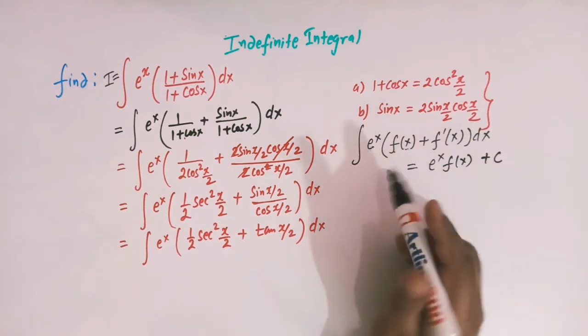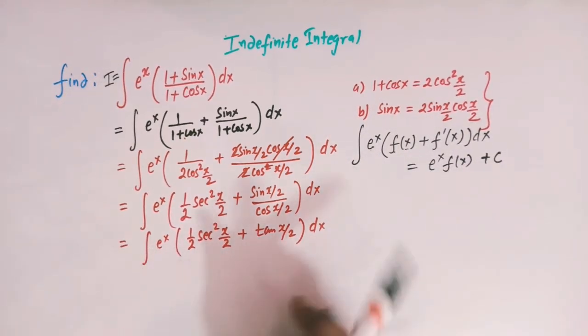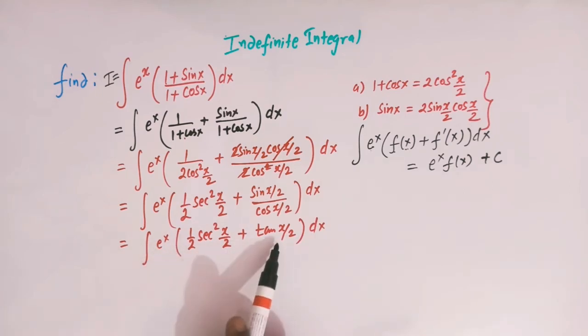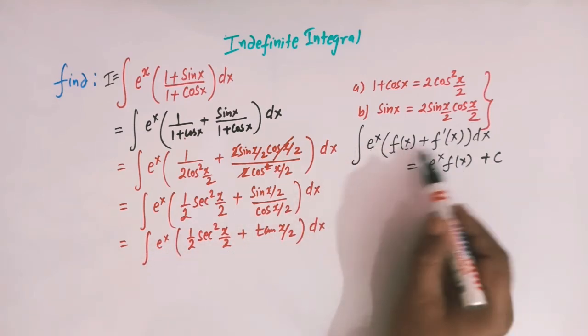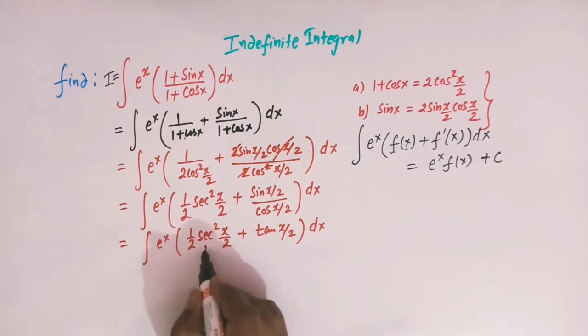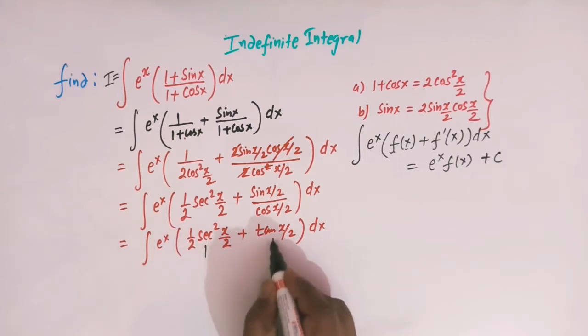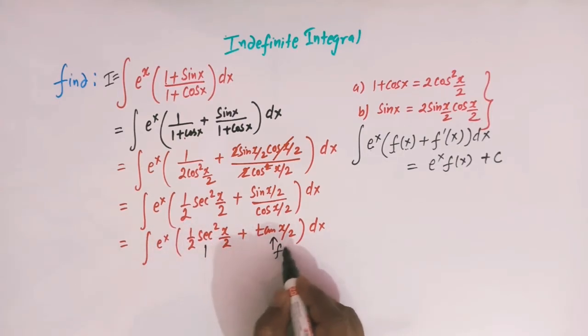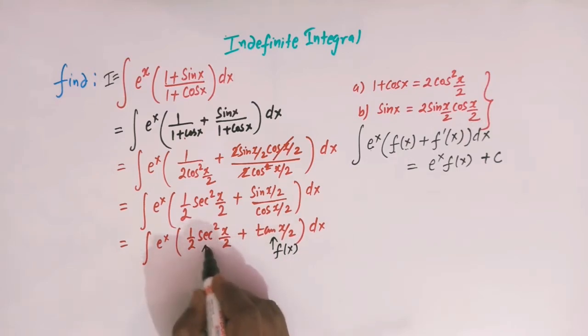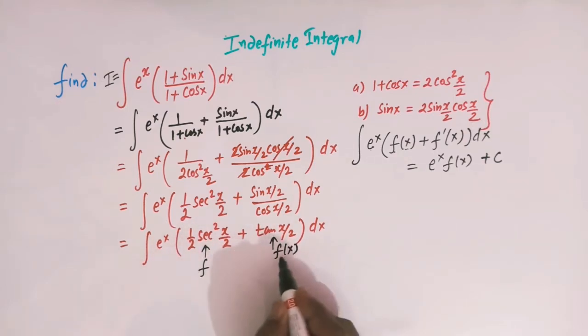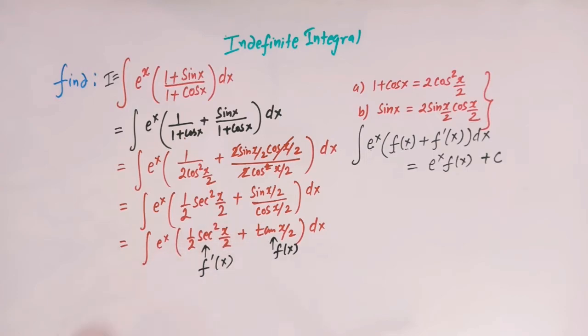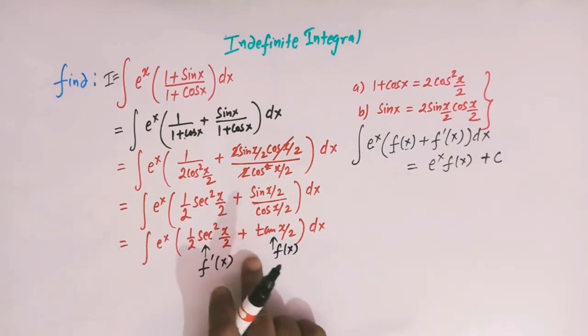Now we can see that this integral is similar to this one, because we can take this function as f of x and this function as f prime of x. We can also verify it.